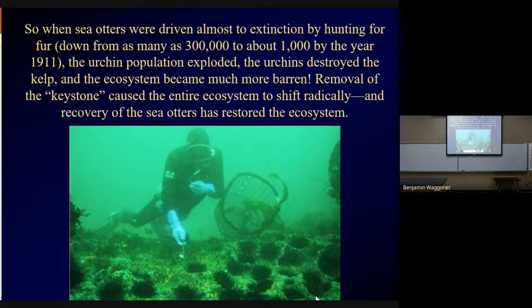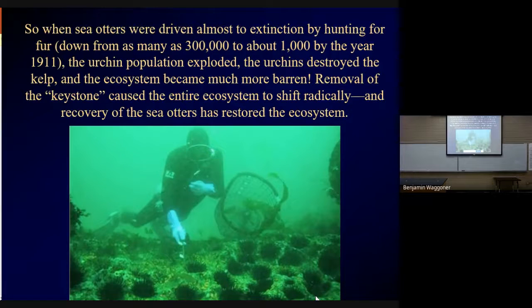The sea urchins rasped away at the holdfasts, technically not the roots, the structures that seaweeds like kelp use to attach to a rocky substrate. And so the kelp was destroyed, the urchin population exploded, and the ecosystem became much more barren, and many of those fish species also shrank in numbers as their kelp habitat was destroyed.